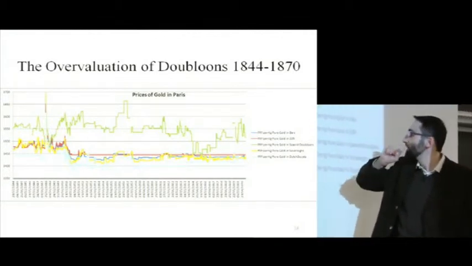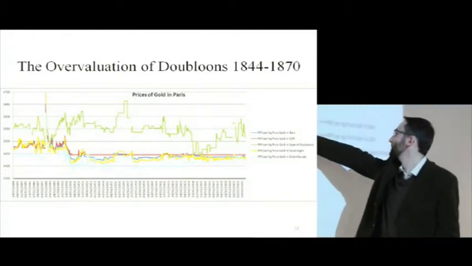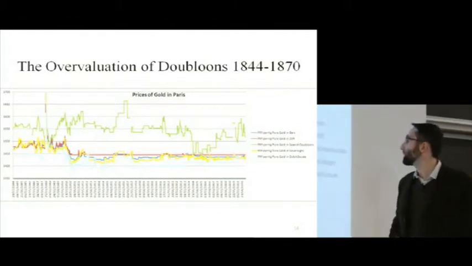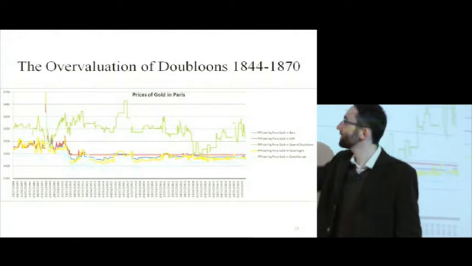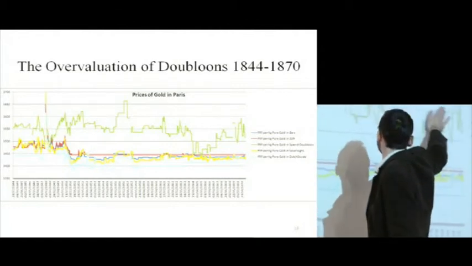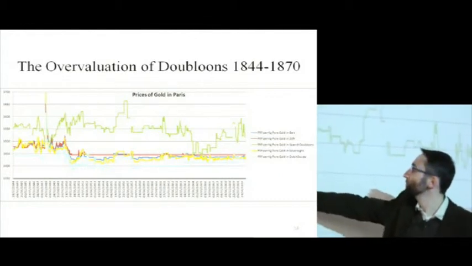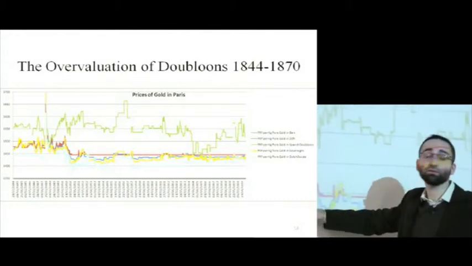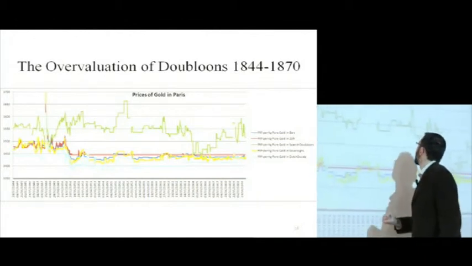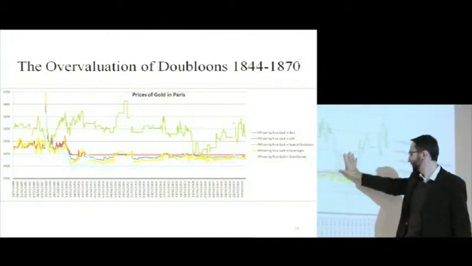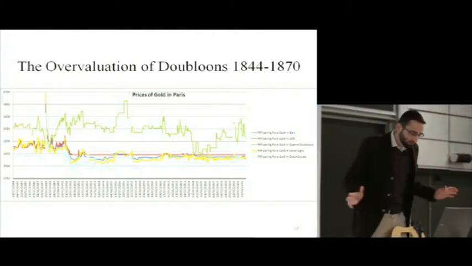Then you have other kinds of species, and the green one is the Spanish doubloon. This is very strange because throughout the period it is very much overvalued, except for two periods: here around the 1848 crisis, where it very much converges with the other prices, and then during this period in 64, 65. Well, this is very strange.